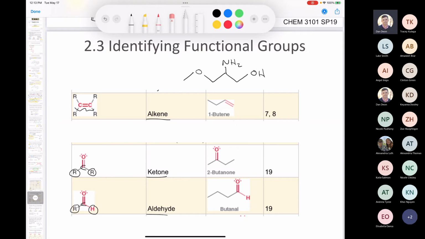You might have to unmute your mic because I'm not sure everybody has the chat. Yeah, Luke says an amine. I agree. There's an amine right here. This would be an amine. Any other ones? Yeah, Kiana. Absolutely. There's an alcohol. And there's one more in here.